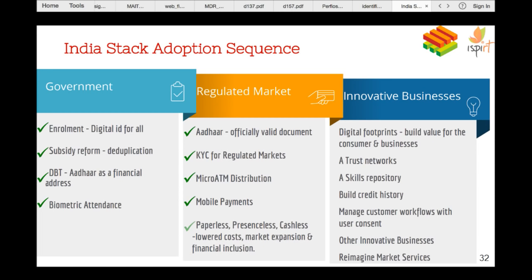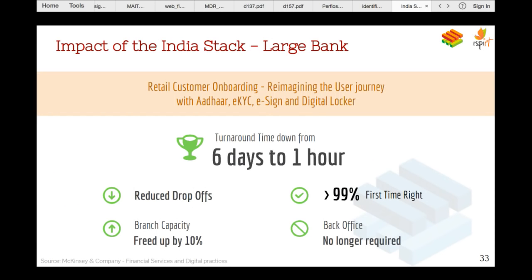So far, we have seen government adoption of the India Stack. We have seen regulated entities adopt it. And we hope very soon we are going to see more and more innovative businesses come in and adopt the stack for various uses. So just to give some examples of the usage, we had a very large bank who got McKinsey to help them reimagine the customer onboarding process.